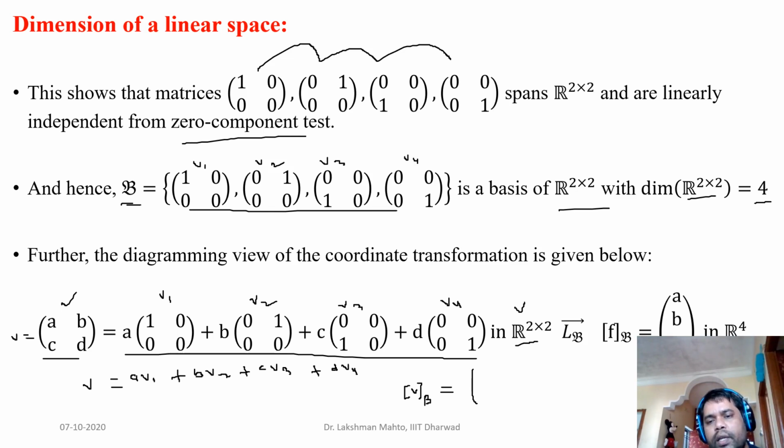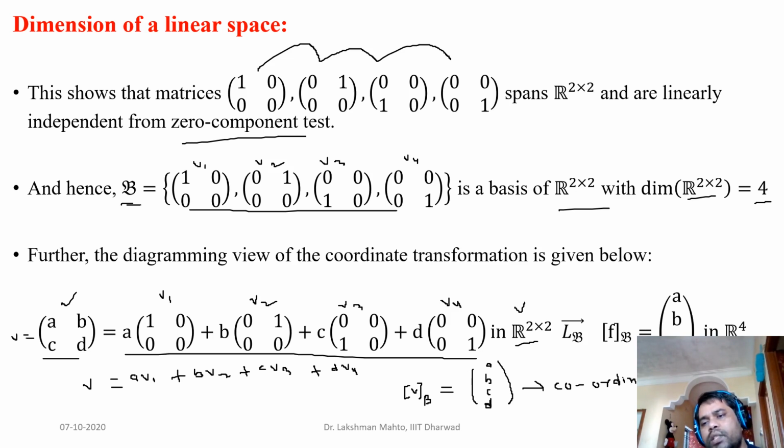The first coordinate is A, which is the coefficient of V1, the second coordinate is B, the coefficient of V2, the third coordinate is C, the coefficient of V3, and the fourth coordinate is D, the coefficient of V4. So you got the coordinate vector of V with respect to the basis elements, that means the vectors which are in the basis set.